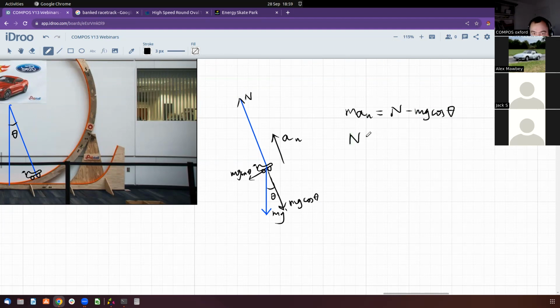So the normal reaction force. No, that's not what we're looking for. This is mv squared over r. So mv squared over r equals N minus mg cos theta.